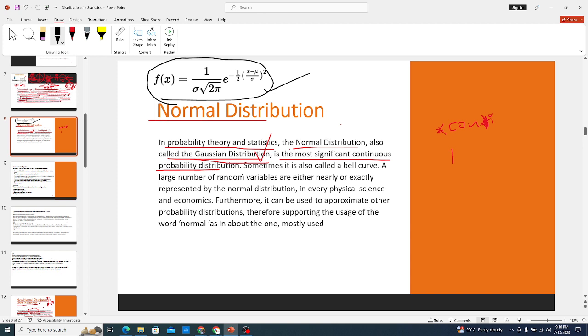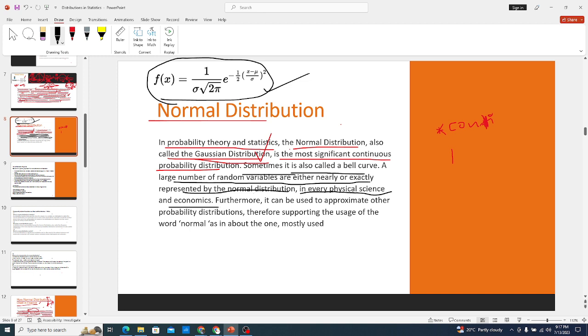Sometimes it is also known as a bell curve. A large number of random variables are either nearly or exactly represented by the normal distribution, in every physical science and economics.